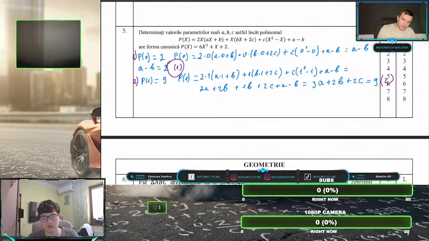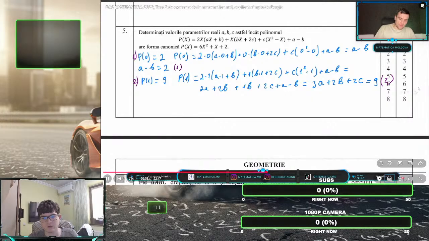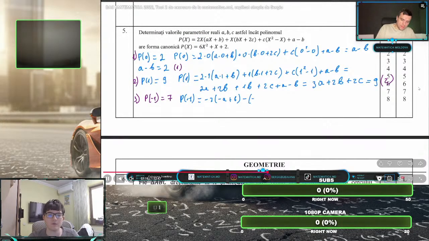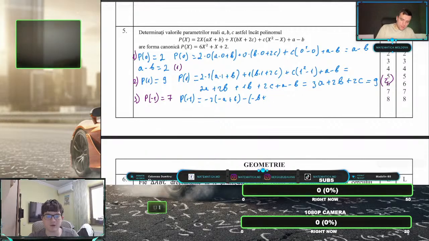Okay, now we're just going to combine them, perhaps, but we have 3 unknown values, so we need another one, huh? Oh my god. Another one. I mean, alright. P of minus 1, we now put a minus 1.